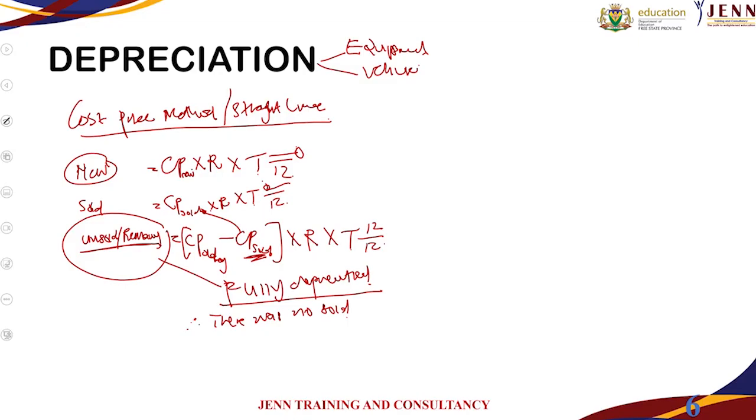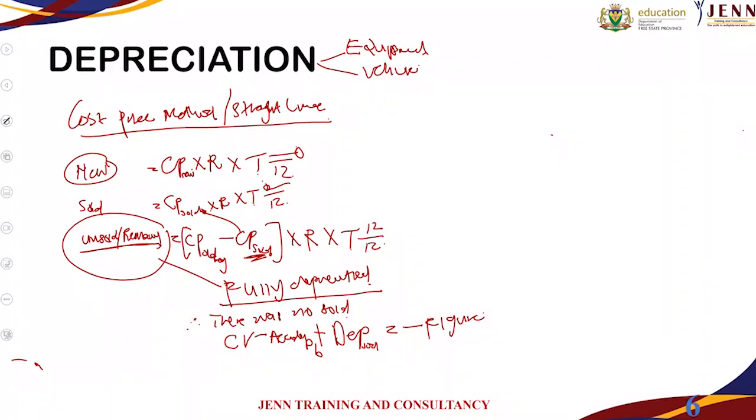Now, in that scenario, how are we going to see that an asset has reached its lifespan? We are going to see, if we realize that the carrying value, we subtract the accumulated depreciation at the beginning, plus the depreciation for the current year, for the sold, it gives us a negative figure. Now, be careful. That is called a fully depreciated asset.